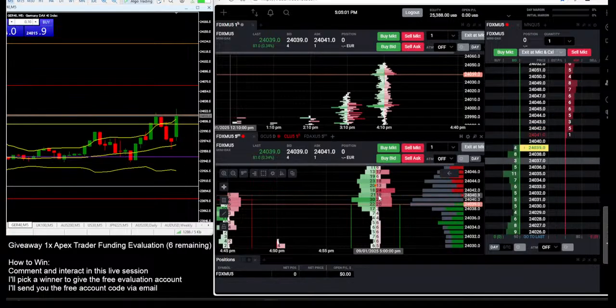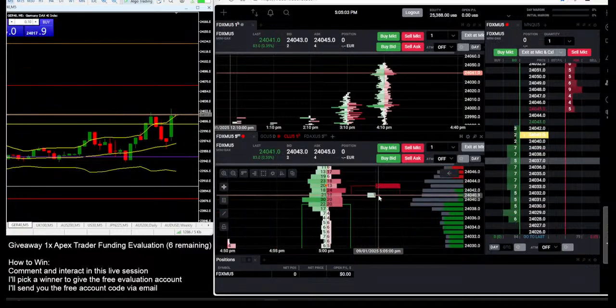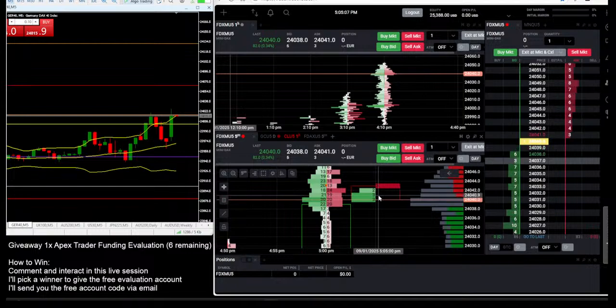I'll keep watching the market just to see if there is any big indications that the market's going to move. It's likely that it will be quite impulsive and fast, but I will be looking for a reason to get short.